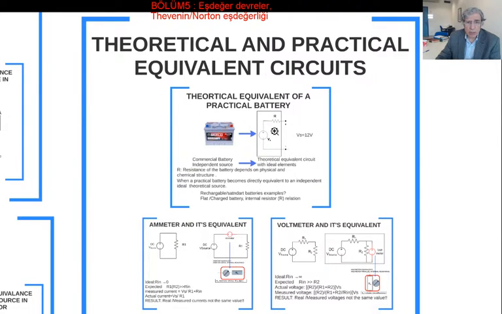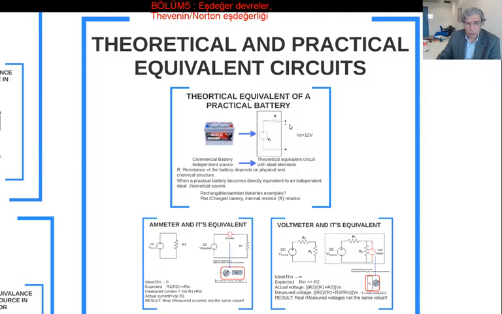Inside of this box you don't see any of those. This is the equivalent, meaning that in practice it is an independent DC voltage source.